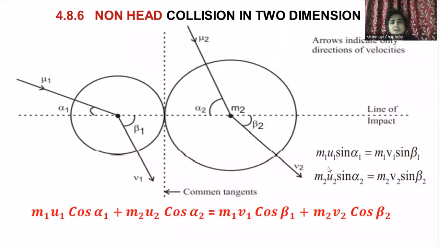You see, m1 u1 sin alpha 1 is equal to m1 v1 sin beta 1, and m2 u2 sin alpha 2 is equal to m2 v2 sin beta 2. y components तसेच राहणार आहेत, चेंज होणार नाहीये. ते मॅथमॅटिकल फॉर्म मध्ये लिहिले.